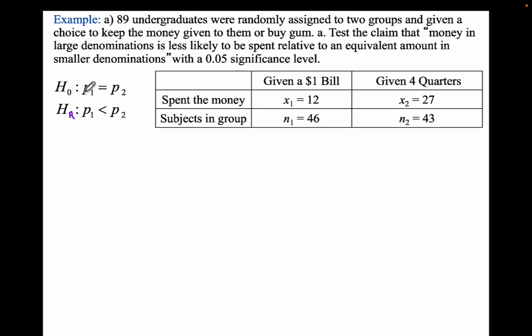So population 1 set equal to population 2, and the alternative hypothesis comes from the wording of the claim, right here. Less likely. That's where we got the less than sign from. So population 1 is less likely to spend the money compared to population 2. All right, we need to run this summary through our technology. Let's go to StatCrunch now.